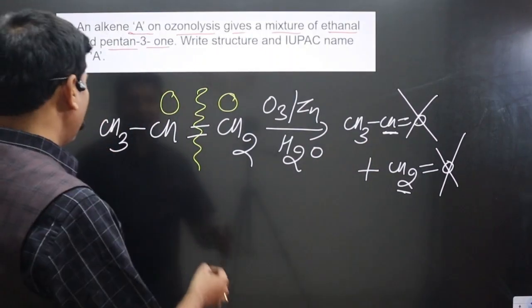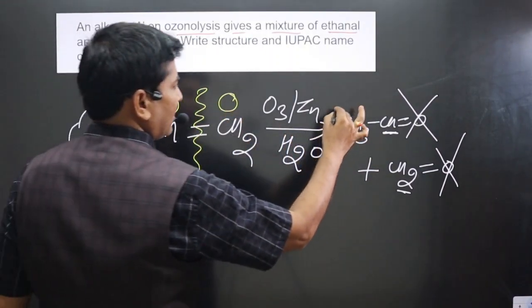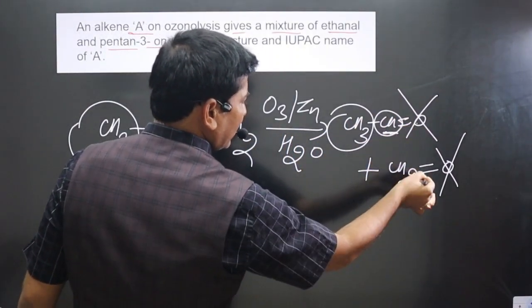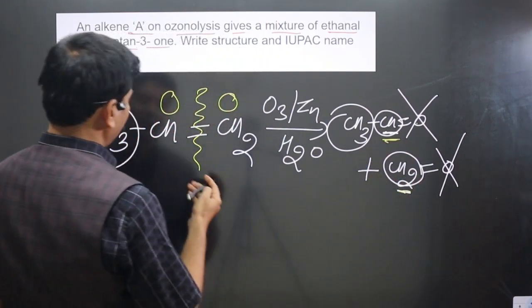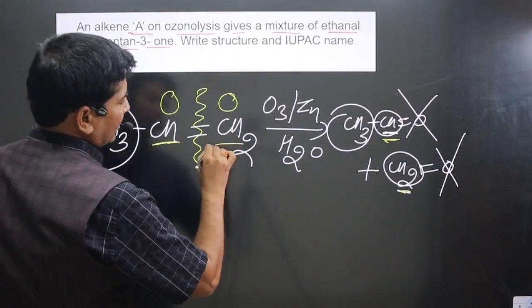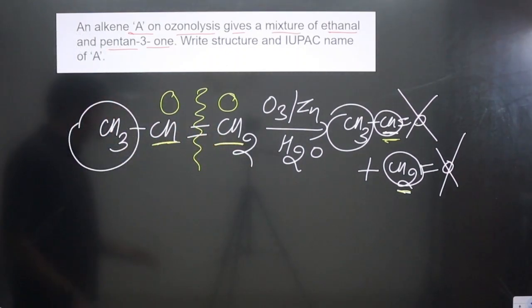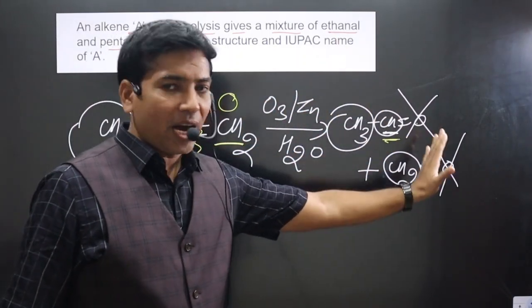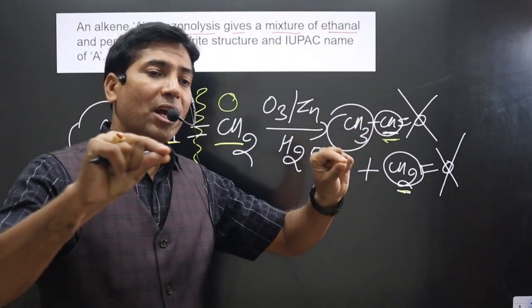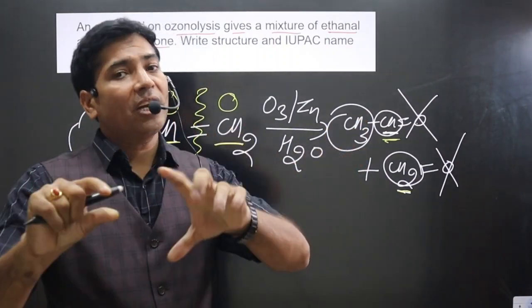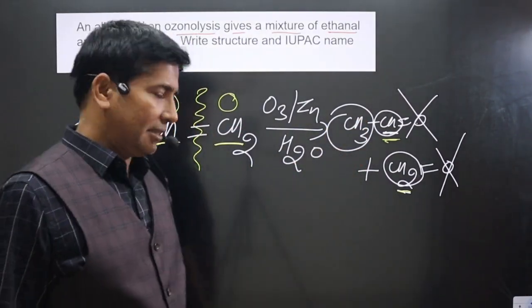You can see CH3 and CH, and CH2, both connected with a double bond. Like this we can complete this reaction. On the product side you remove oxygen, and the carbons from which you removed the oxygen, you connect them with a double bond. Like that we can find the reactant.